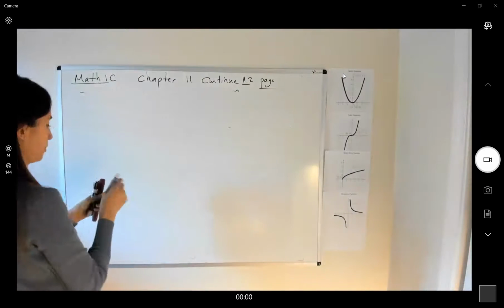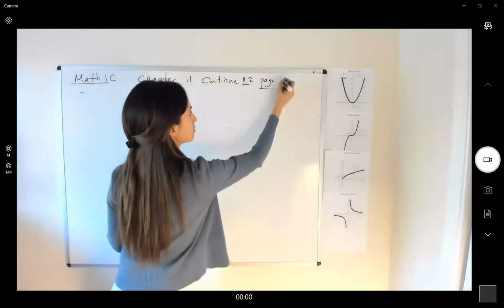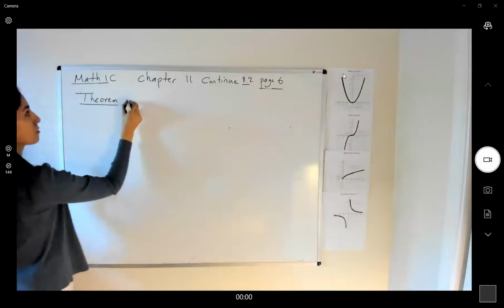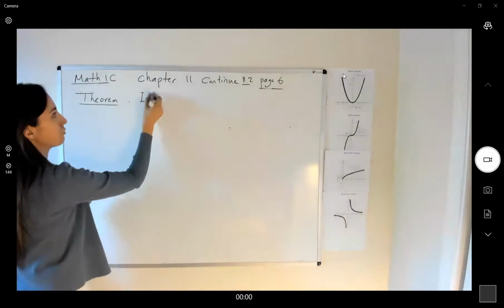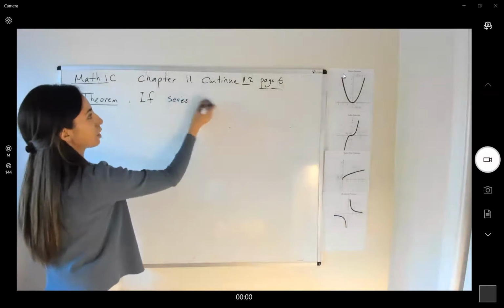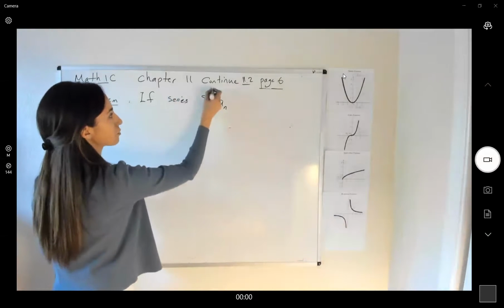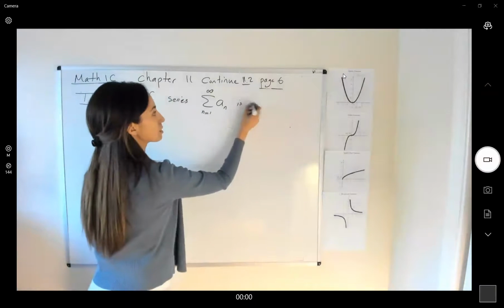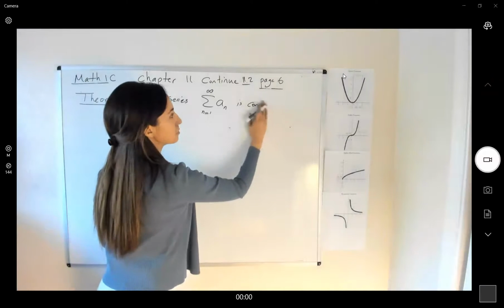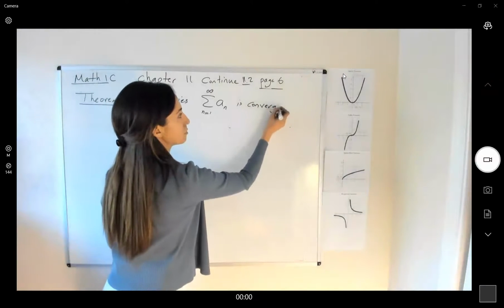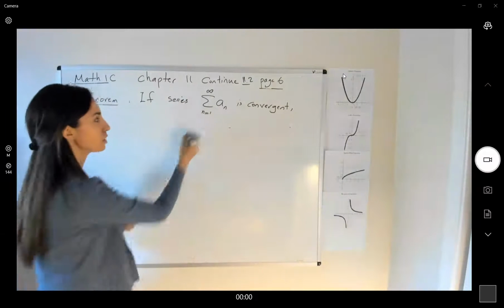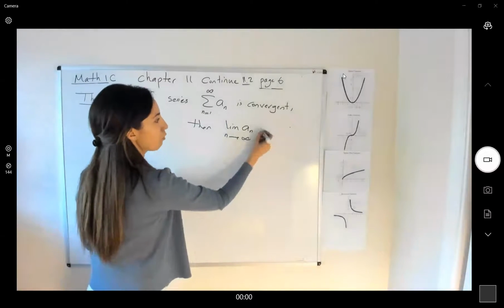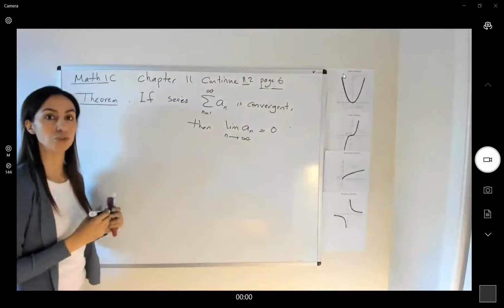This theorem says, if a series, sigma an from 1 to infinity, is a convergent series, then for sure the limit of the general term as n goes to infinity is equal to 0.